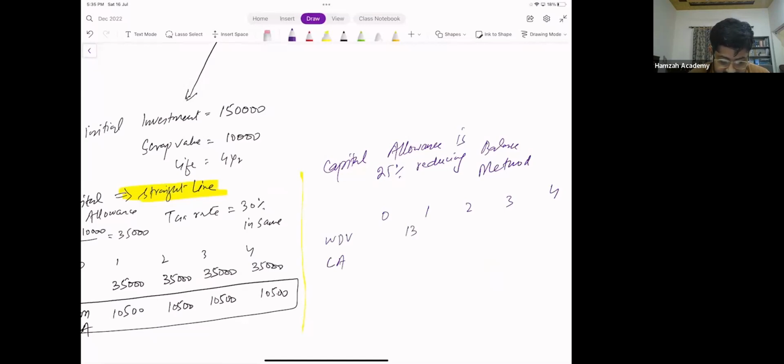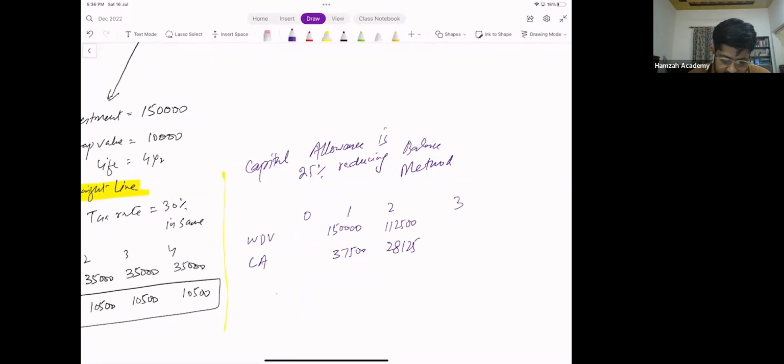The written down value at the start of the first year is 150,000. 150,000 into 25% is 37,500. Then it is 112,500. Then 28,125. Then 84,375.